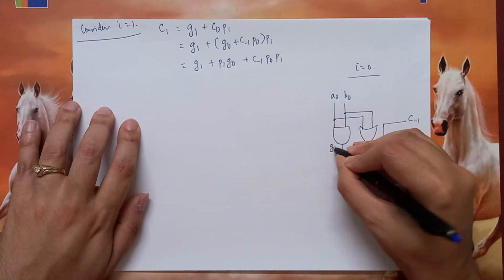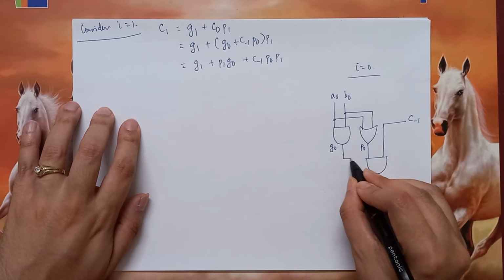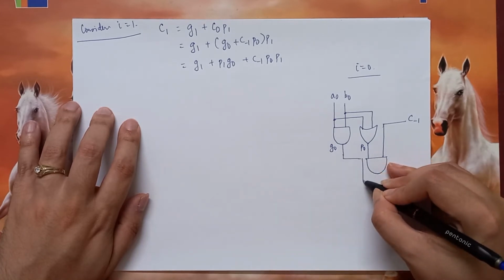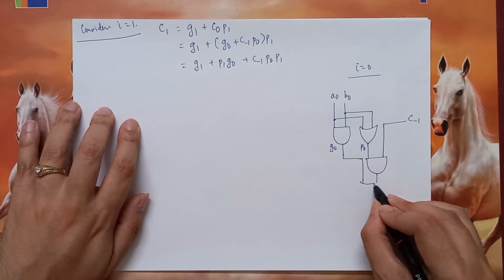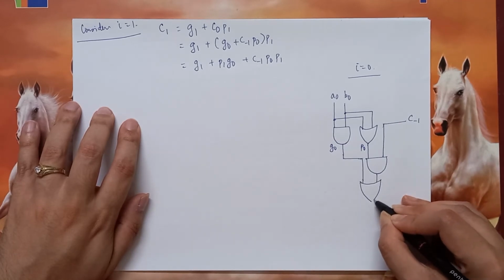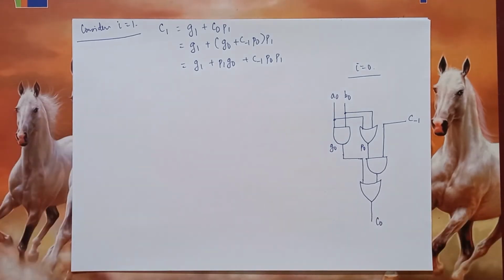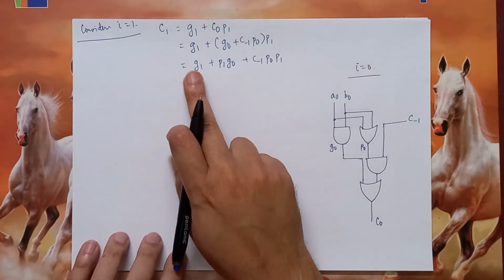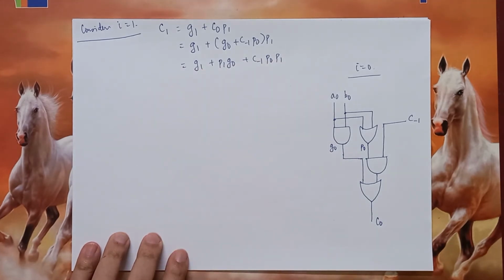This is my G0 and this is P0. Finally, we will have one more OR gate to combine and get C0. Now notice what is C1. There is not a single term of C0 anywhere. So therefore this C0 now becomes independent. So with this, let us try to draw what happens for the ith stage.